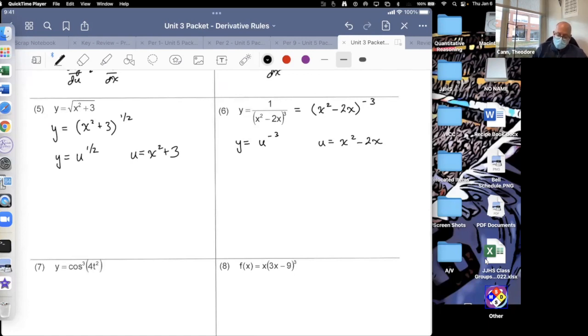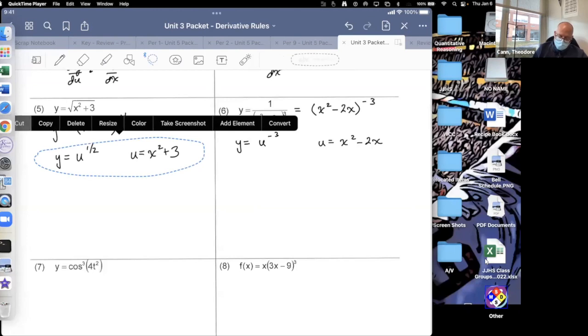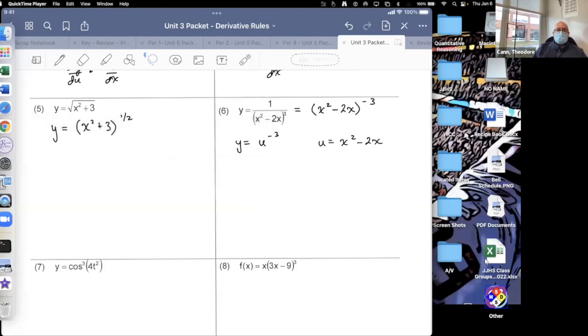Like, for example, let me get rid of this for a second. I'm going to just cut it. I'll put it back in. Let's say you thought the u was, I don't know, somehow you're just looking at the ingredients that you have here, and you're like, maybe it's going to have the 1/2 in it. Maybe my u should be like 3 to the 1/2 power.